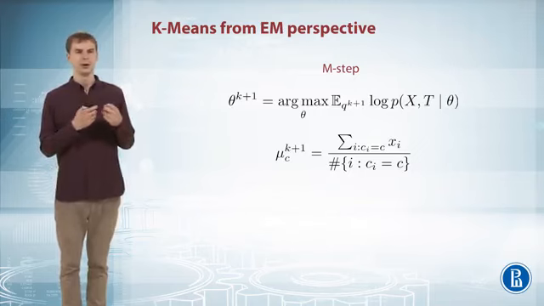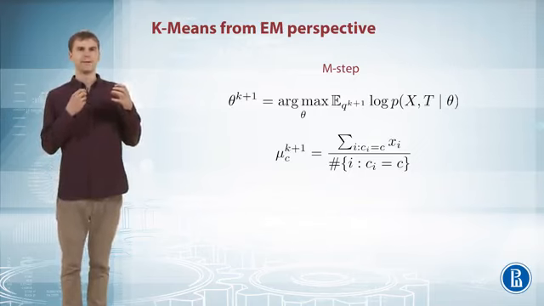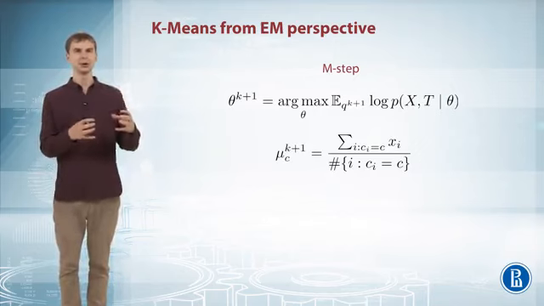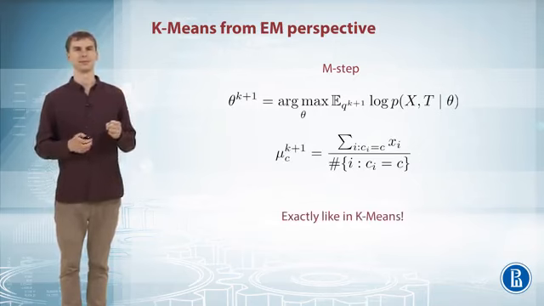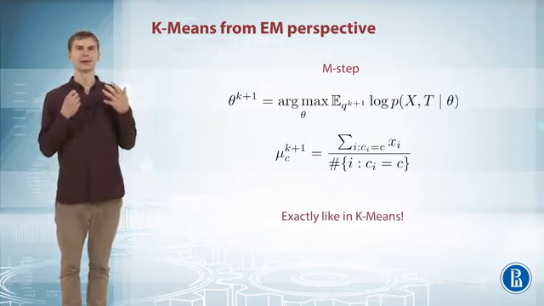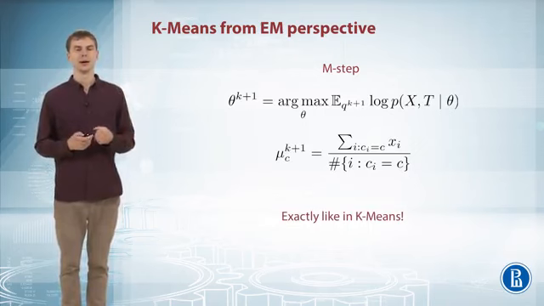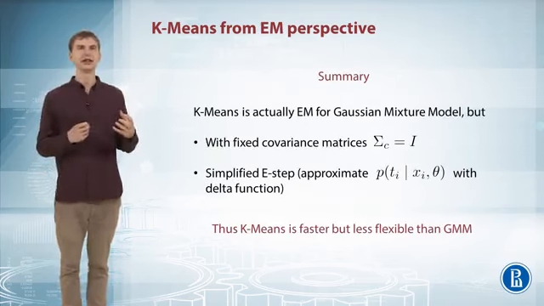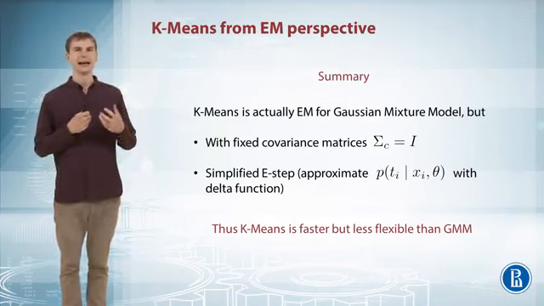So we have to update mu's as being the centers of all the data points assigned to the cluster number C, which is again exactly as we had in k-means. So to summarize, k-means is actually a special case of applying the expectation maximization algorithm to Gaussian mixture model.